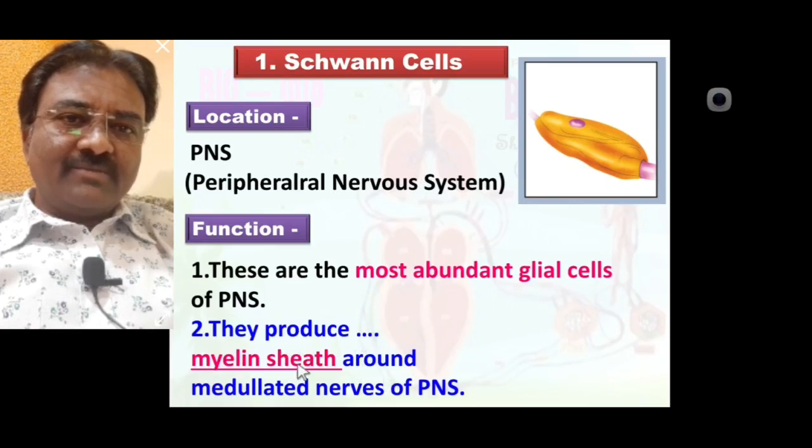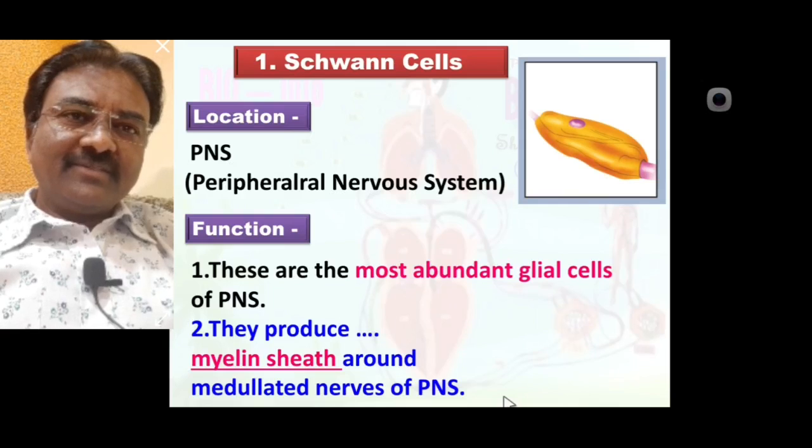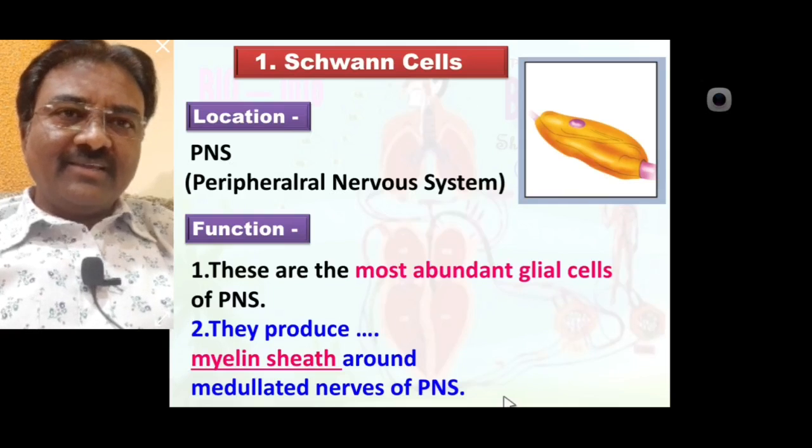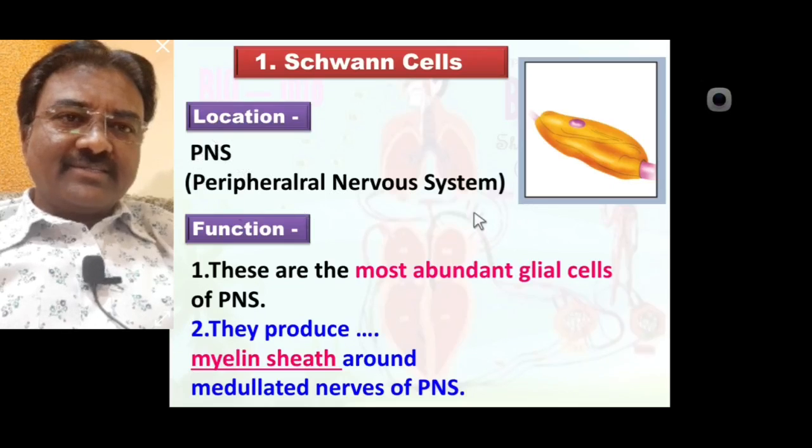So Schwann cells produce the myelin sheath around the medullated nerve of the PNS. Hope that you understood everything. Schwann cells are present in the peripheral nervous system. These are the different functions of Schwann cells.